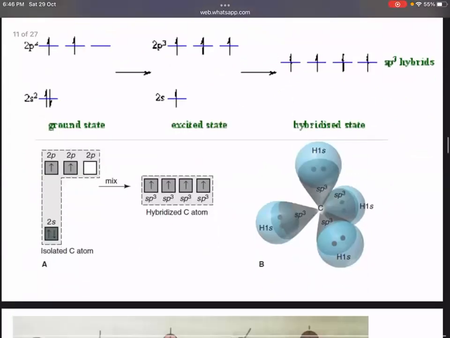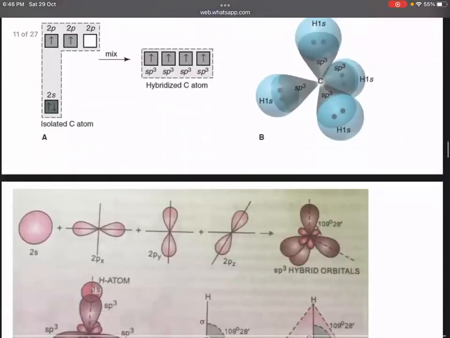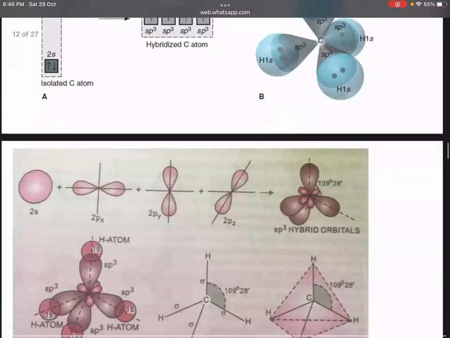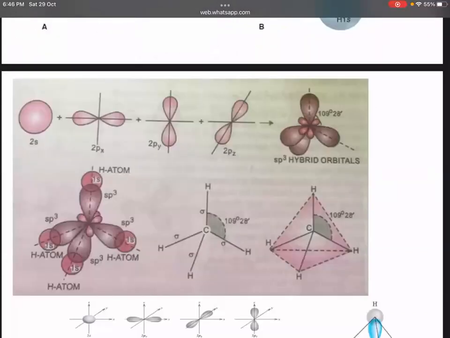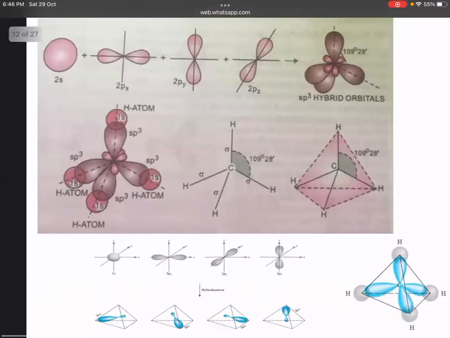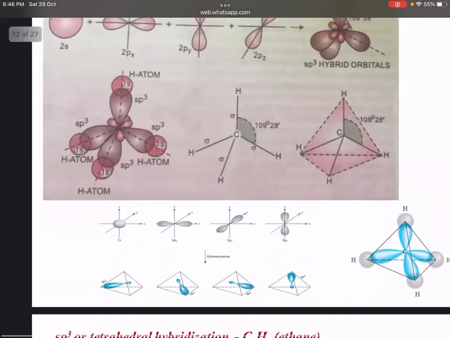So look here. One s orbital and 3 p orbitals give the sp3 hybrid orbitals, right? So it's sp3: 1, 2, 3, 4. This will be the bond axis, along the 4 bond axes forming bonds. You are seeing how the tetrahedral molecules are formed.